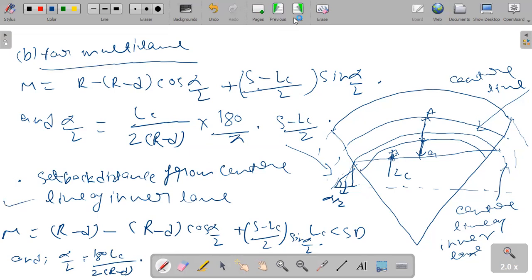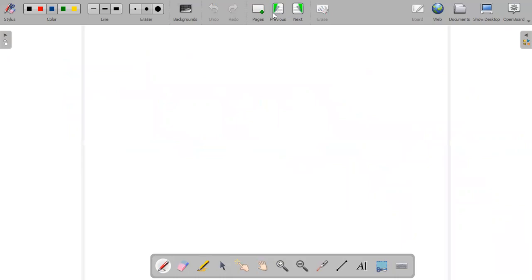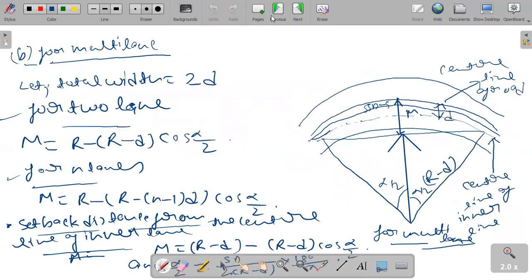Do remember all these formulas, because these are very important in geometric design. All these formulas are very important for solving numericals. There are a lot of numericals from here also.